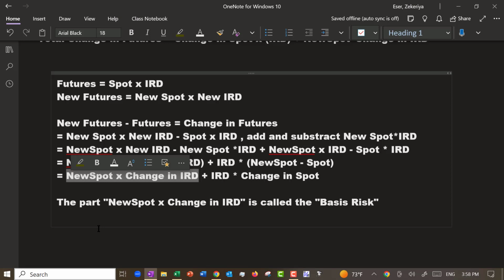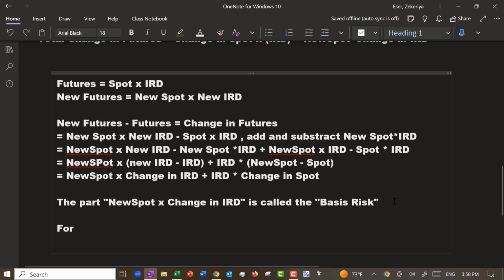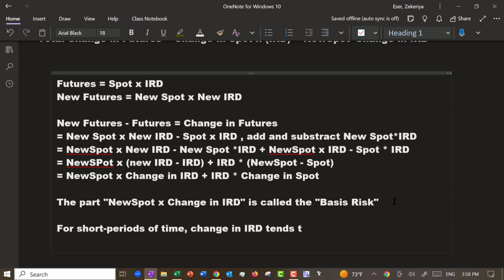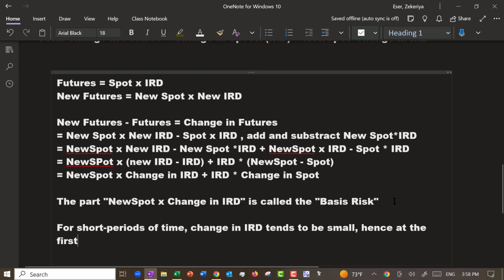But typically, at least for short periods of time, change in IRD tends to be small. Okay? Hence, at the first pass of risk management, we will ignore this risk.